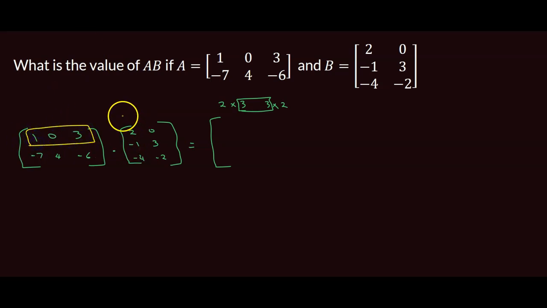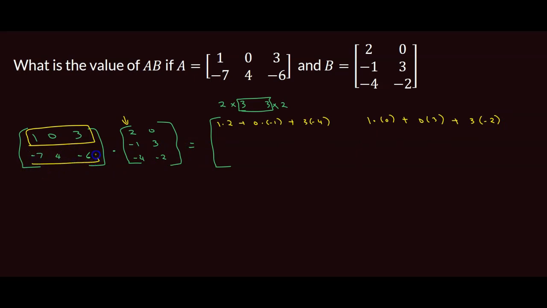We're going to multiply by this column right here. So this is going to give us 1 multiplied by 2 plus 0 multiplied by negative 1 plus 3 multiplied by negative 4. And then we're going to do that also for the second column. So we have 1 multiplied by 0 plus 0 multiplied by 3 plus 3 multiplied by negative 2.